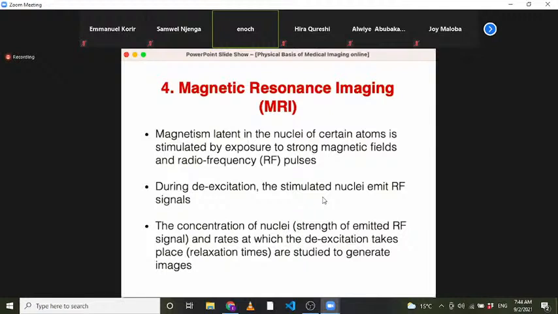When it regrows, we say that is T1. One can use either the concentration, referred to as proton density, to generate an image, or use the measurement of the relaxation times, the de-excitation times, to form the image.